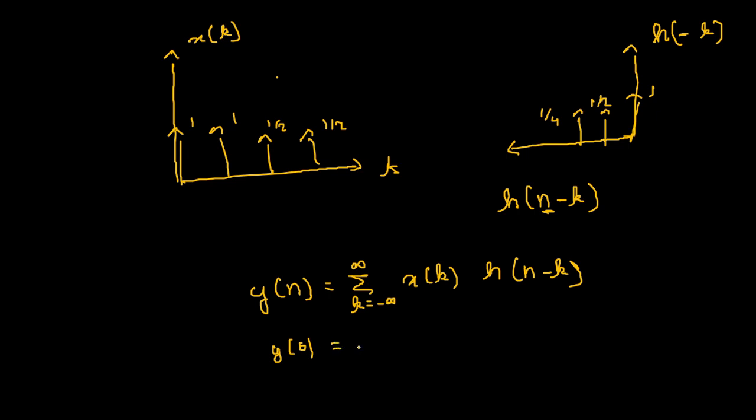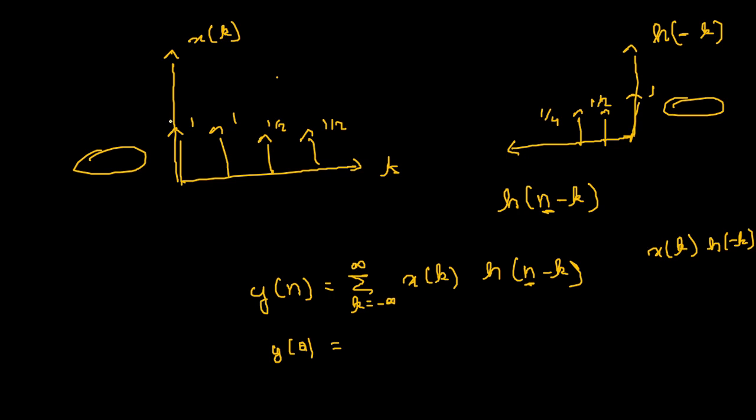So let's say we have y of 0, that is when n is 0 here, right? So for n equal to 0, we simply have x of k into h of minus k. So these are the two graphs that we should be multiplying. When you multiply these two graphs, you can clearly see that there is nothing on the negative side of the input function, and there is nothing on the positive side of the unit impulse function.